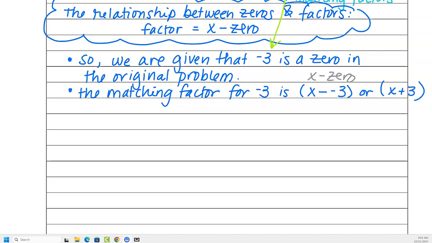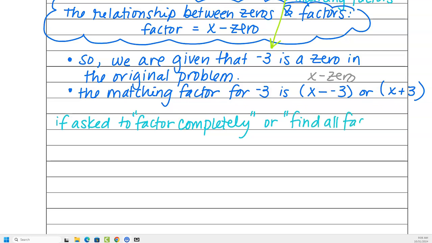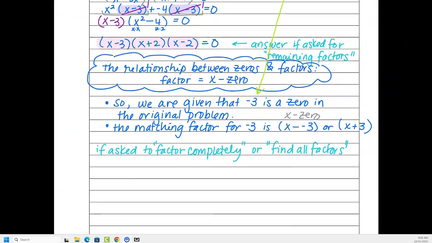Now, if you were asked to factor completely, or find all factors, okay, then what you would do is take the factors that we have right here, which is the x minus 3, the x plus 2, and the x minus 2.